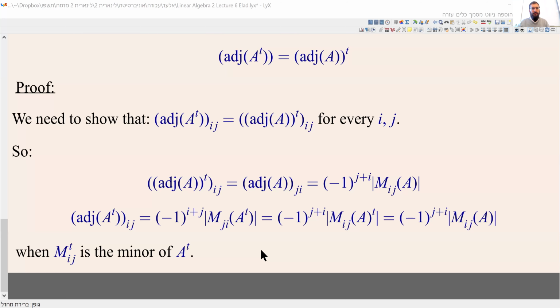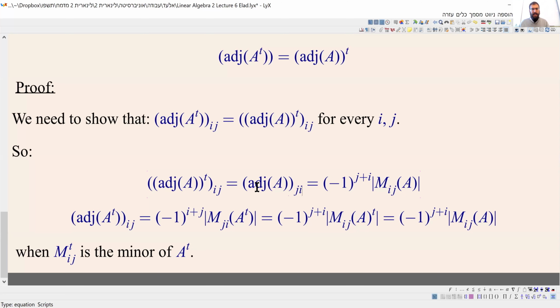Now, by definition of the adjugate matrix, we switch the indexes. So if it's the ji element of the adjugate, we use the ij minor. When it's the ij element of the adjugate matrix, we use the ji minor.